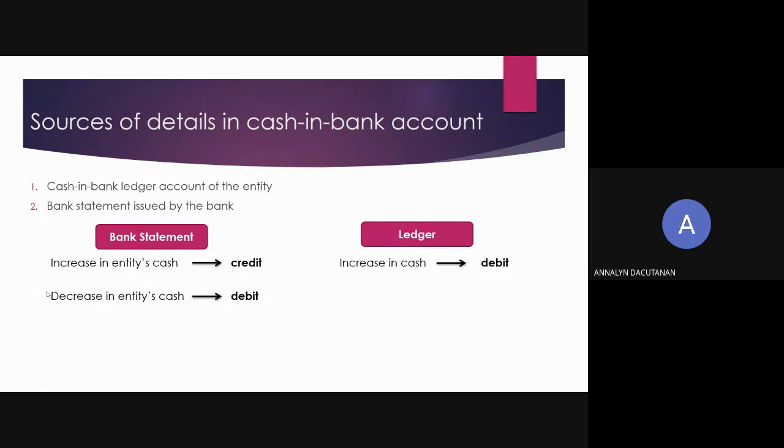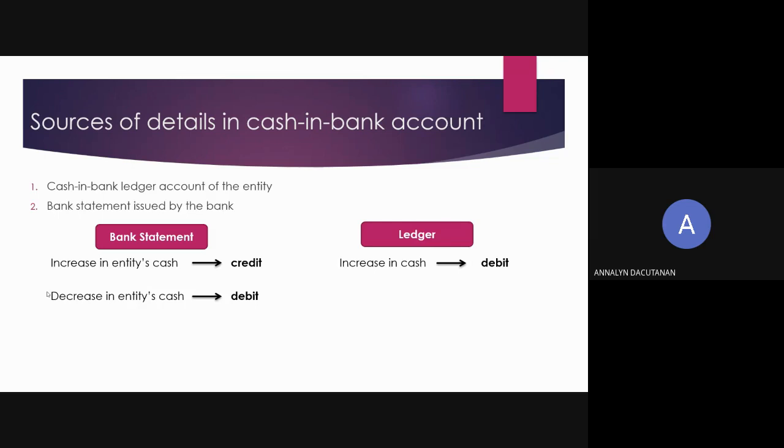Diba? Kapag nakakolekta ka ng receivable, ano ang entry? Debit, cash, credit, accounts receivable. Ibig sabihin, may pumasok na pera sa kumpanya, nabawasan yung receivable mo. Kaya mo kinredit yung receivable. You are crediting an asset and debiting cash.